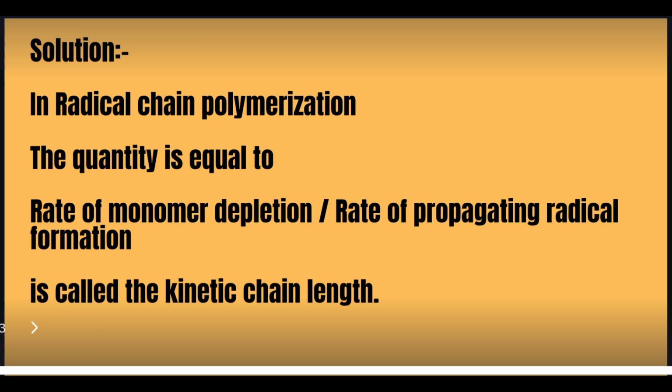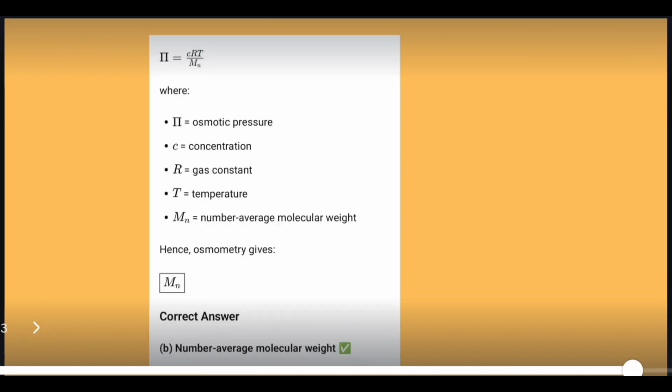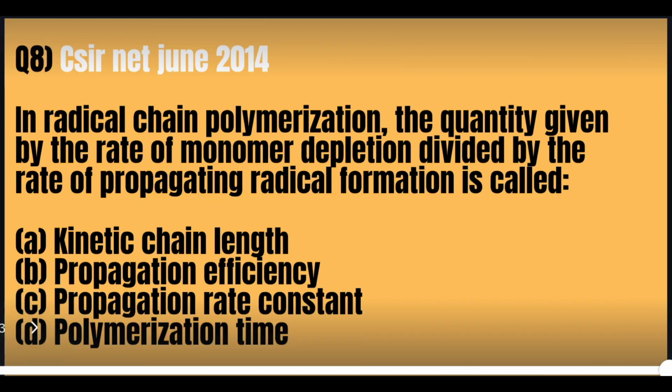We'll see the solution. In radical chain polymerization, the quantity equal to rate of monomer depletion divided by rate of propagating radical formation is called kinetic chain length. So, here the correct option is option A, kinetic chain length.